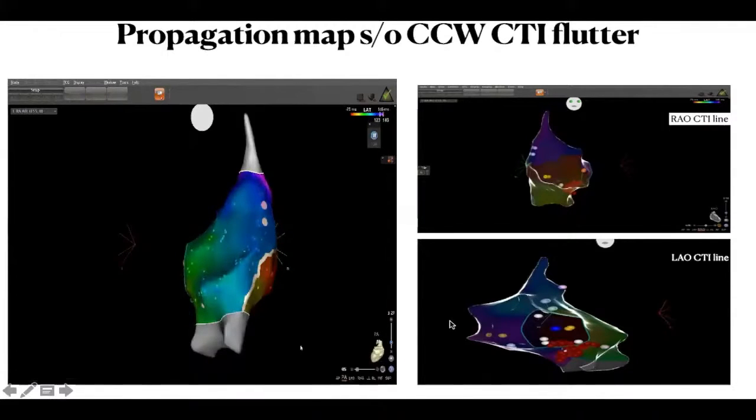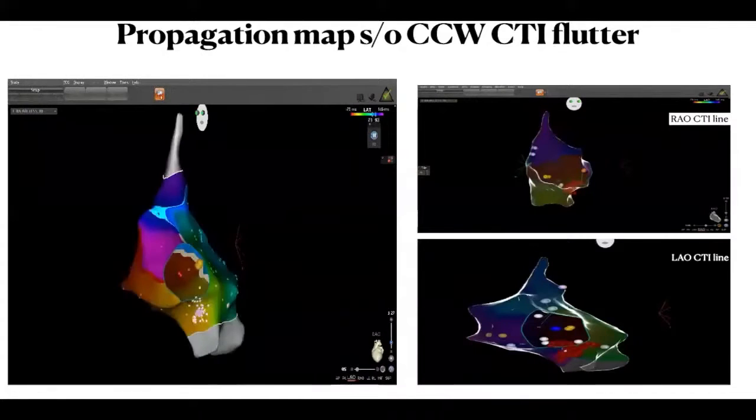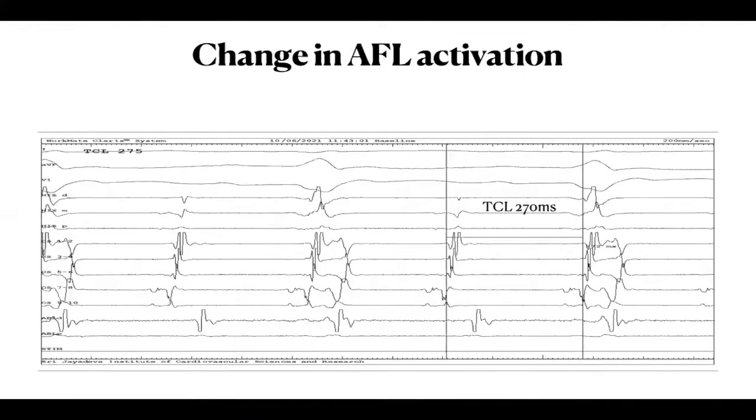We then proceeded to draw a CTI line. And as we completed the CTI line, the activation pattern of the tachycardia changed along with the tachycardia cycle length. The tachycardia cycle length increased from 240 to 270 milliseconds, and the earliest activation was now from CS 78.